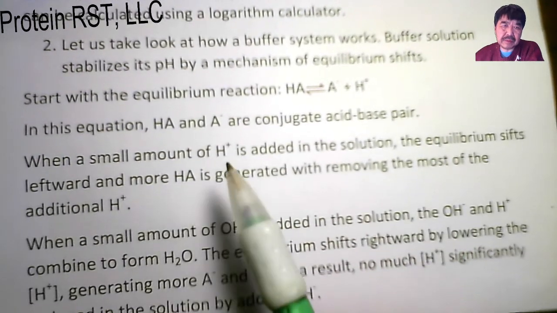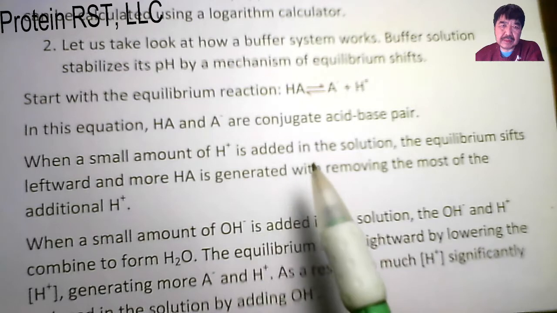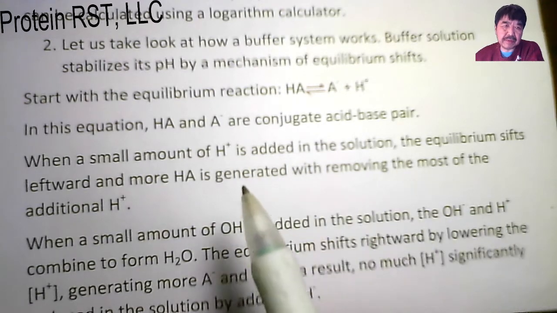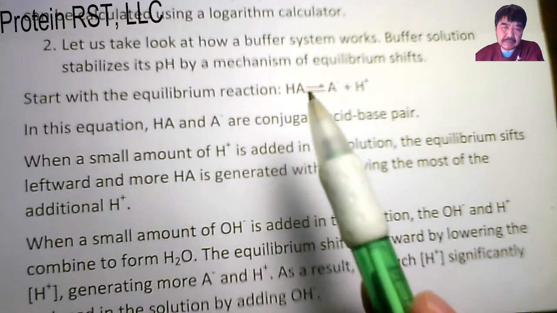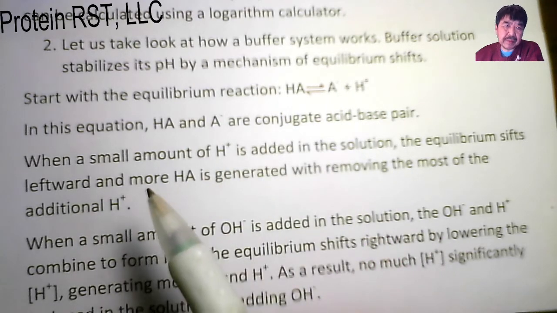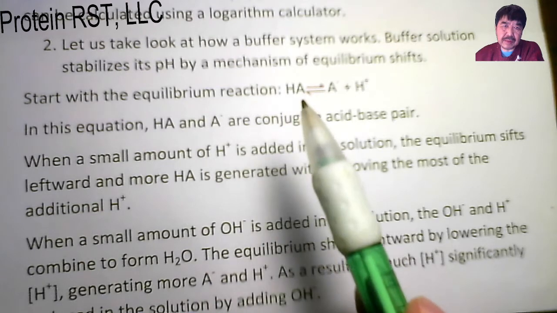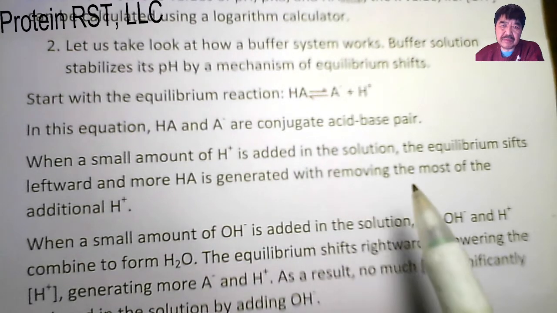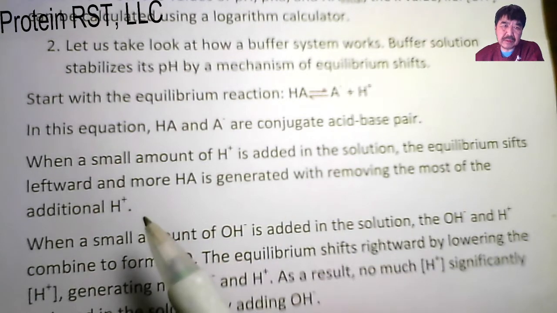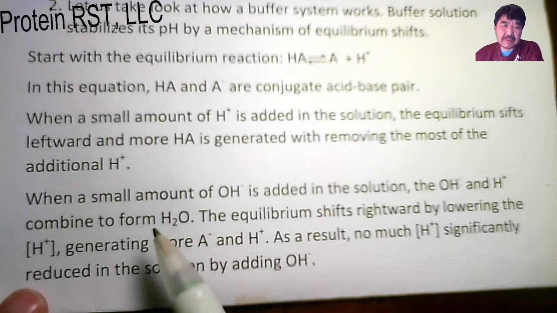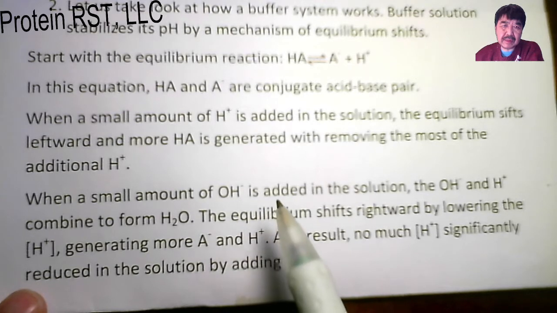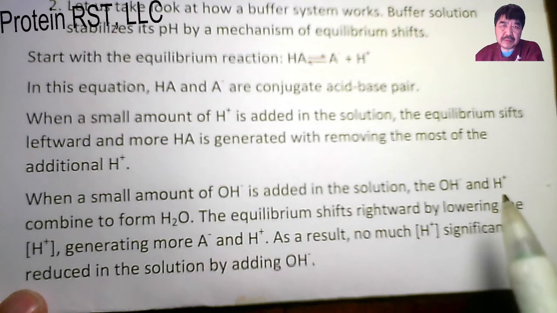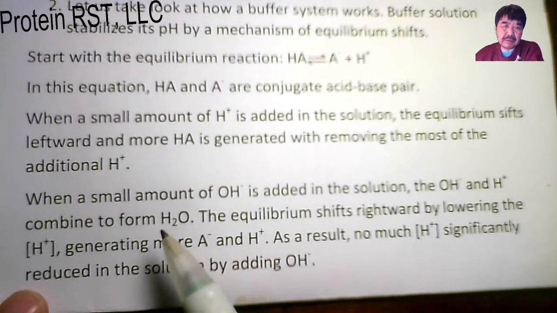When a small amount of proton is added, that is, acid is added to the solution, the equilibrium shifts leftward, this way, and more HA is generated, removing most of the additional proton. When a small amount of hydroxide is added to the solution, the hydroxide and proton combine to form water.